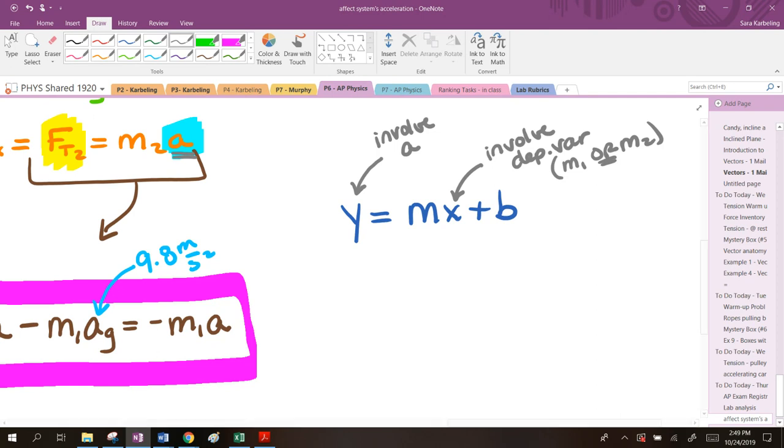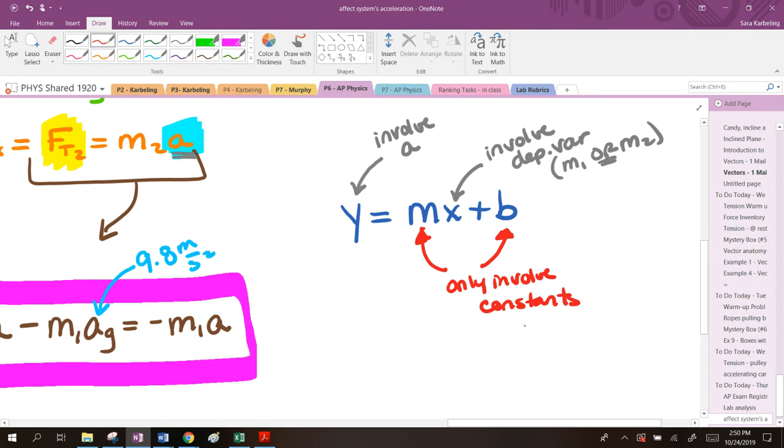Just like we always do in these problems, the slope and the y-intercept should only involve constants, things that remain constant in your investigation.